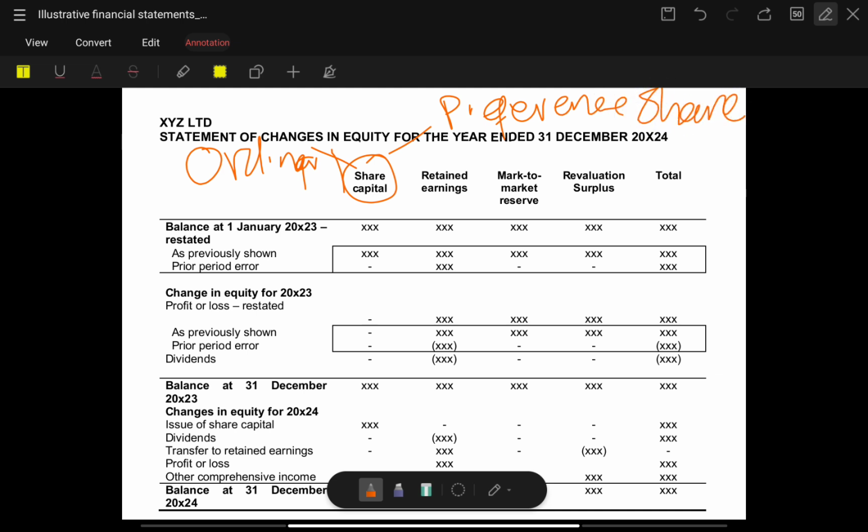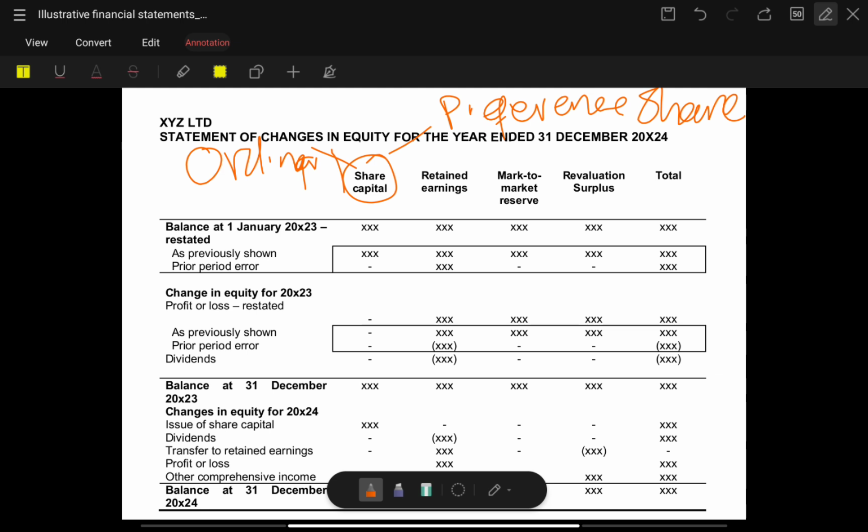You don't mix ordinary share capital with preference share capital and call it share capital. If you have class A share capital, you will have a column for class A share capital. If you have class B share capital, you will have a column for class B share capital. Or if you have ordinary share capital, they will state that this is ordinary share capital and that this is preference share capital.